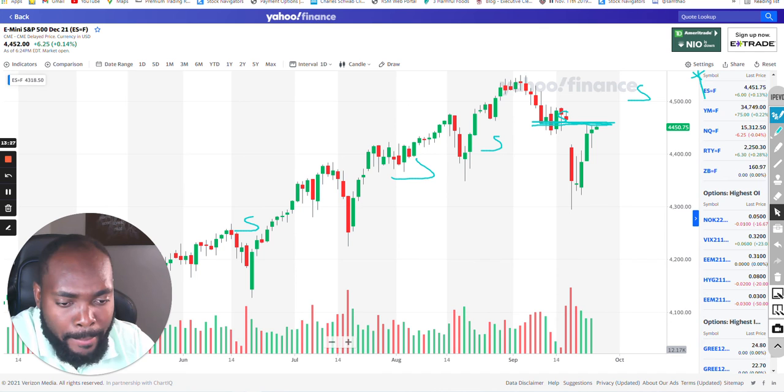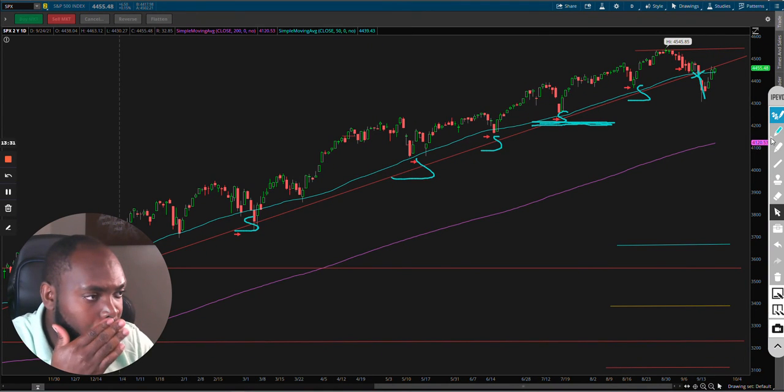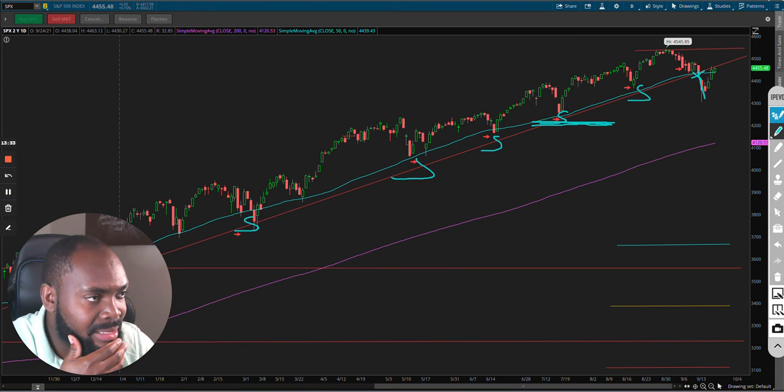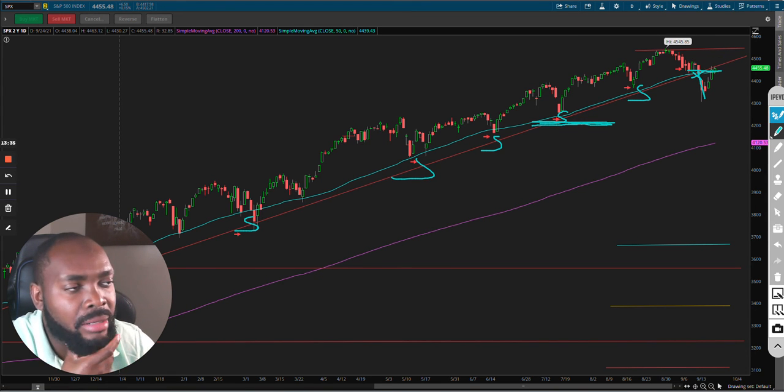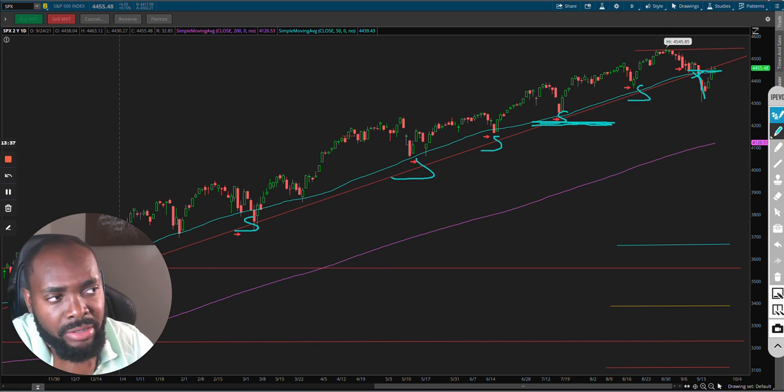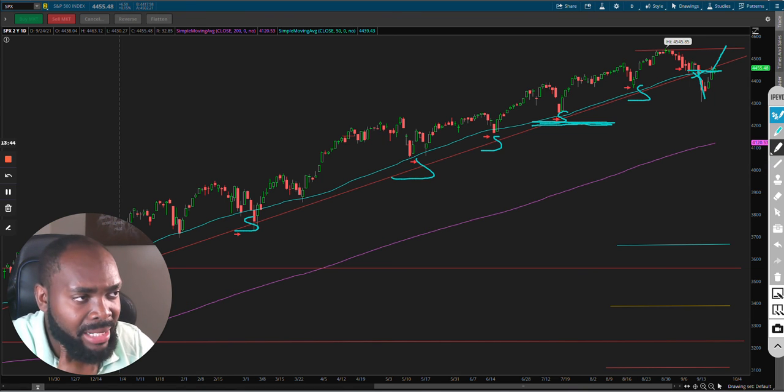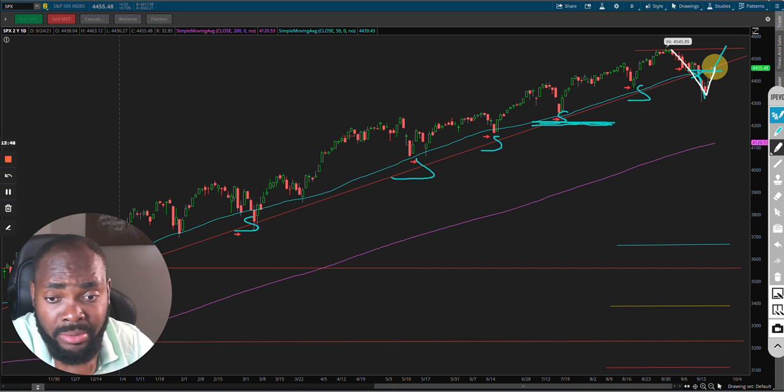So basically what we're saying is that price needs to break back above the trend line in order for us to get a move higher to the upside. But this can be bad because we broke the trend, and now this trend line can become resistance, which ends up setting up this market for another leg to the downside.